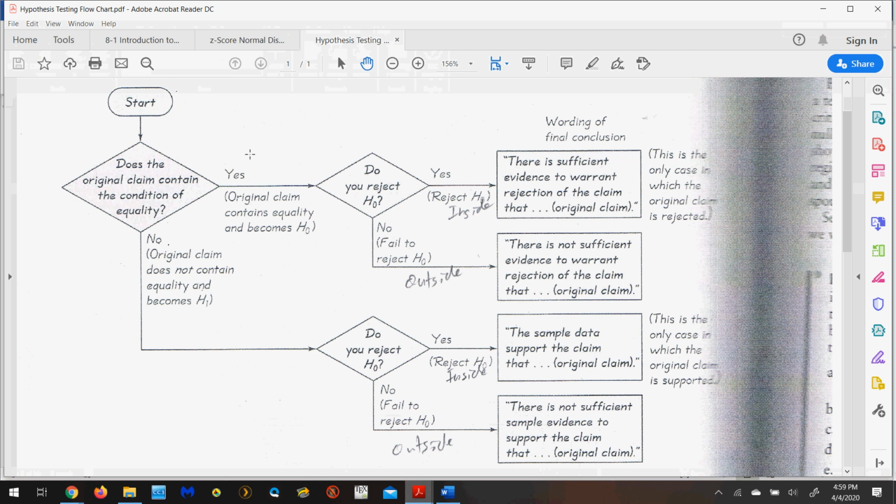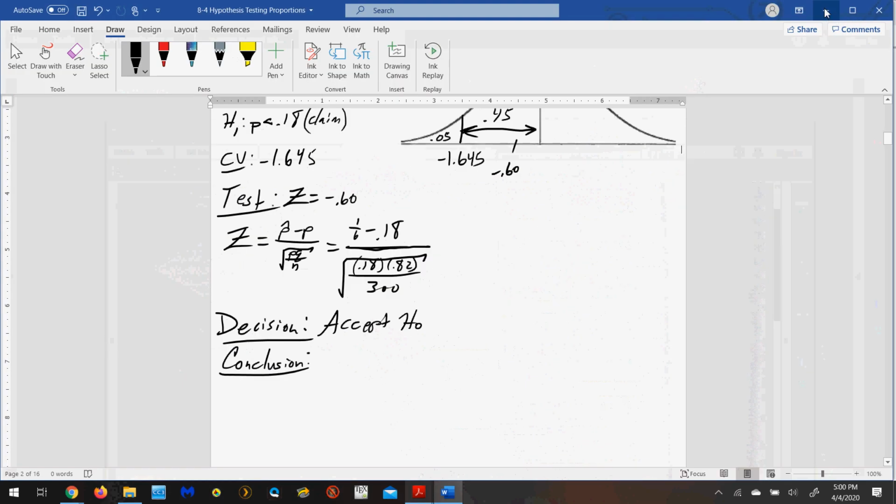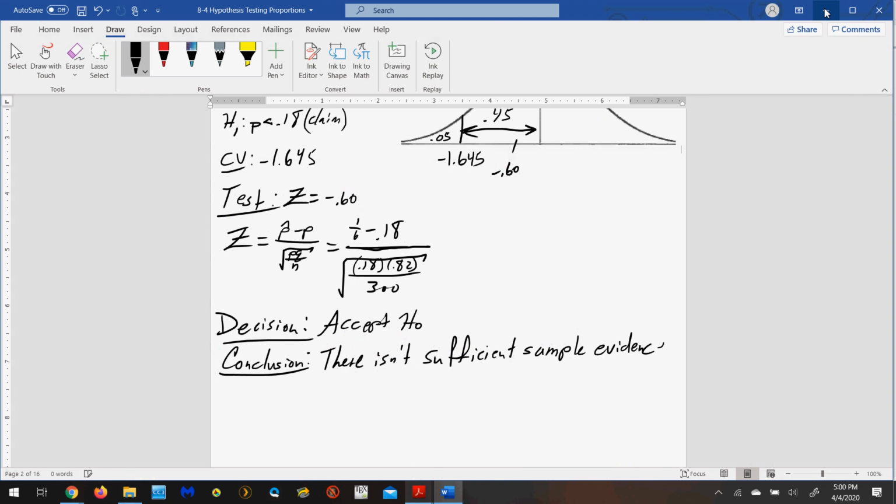No, you do not. So again, I'm in the very bottom start for my conclusion, which is there is not sufficient sample evidence to support the claim.